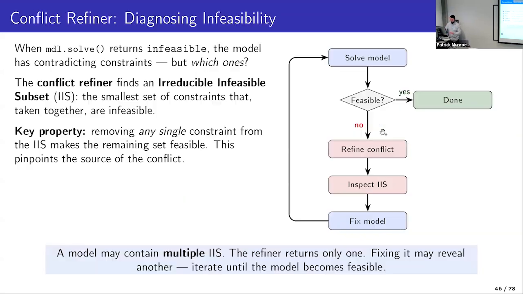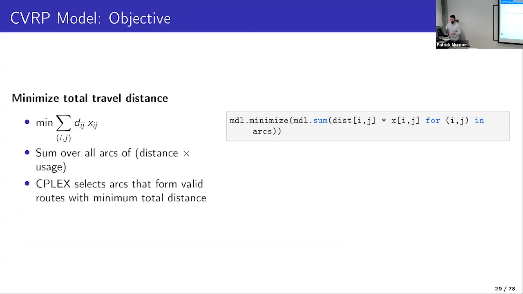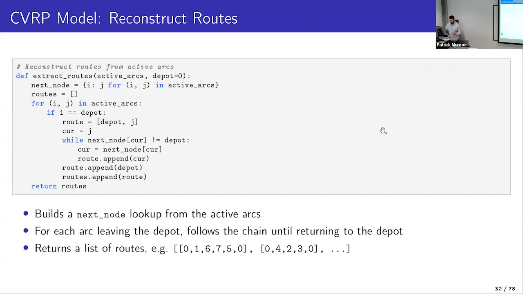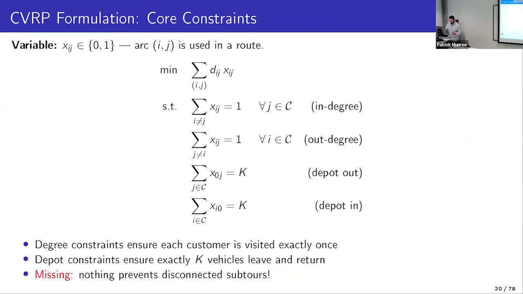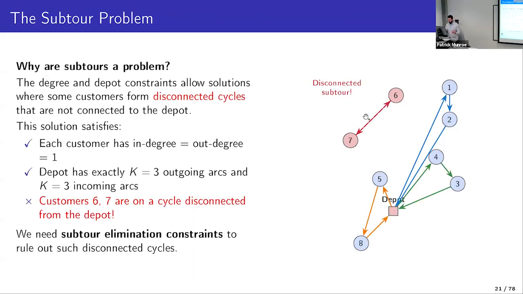It's not meant to be valid in the sense that your model is probably incomplete. I will just go back to the MTZ constraint that I mentioned earlier, just so that you understand what I mean. We had this model here without the MTZ constraint, but we saw that without the MTZ constraint, we may have some subtours like this one here. And there's also a problem with the capacity.